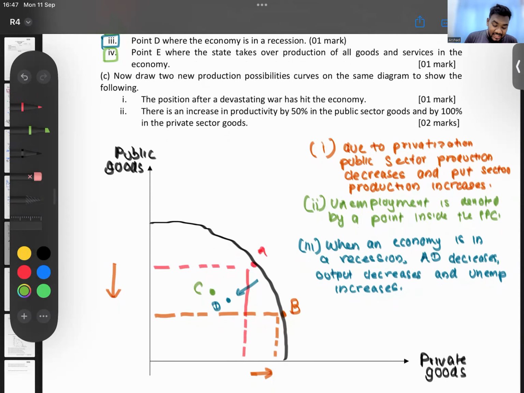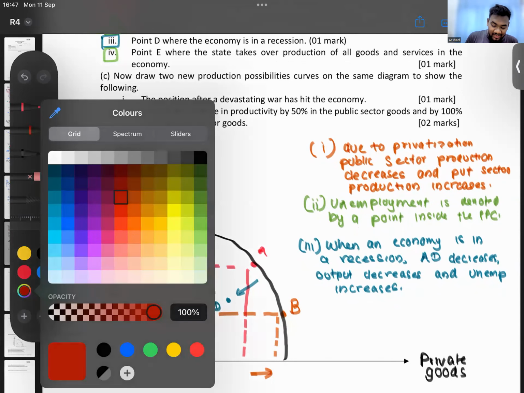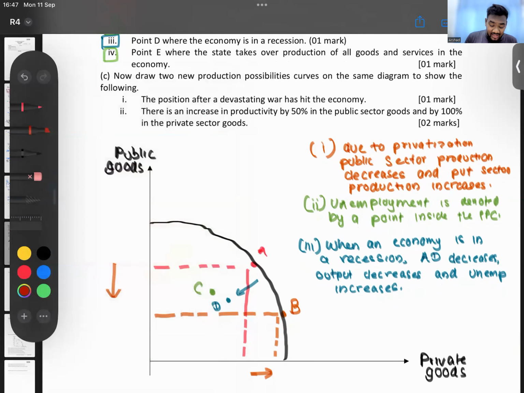So if the state takes over, we can put it over at this point, right? Here, point E, where there will only be public goods. Only the public sector goods will be there. There are no private goods, because the state or the government has taken over the production of all the goods. So you can write a small explanation here, for part 4.